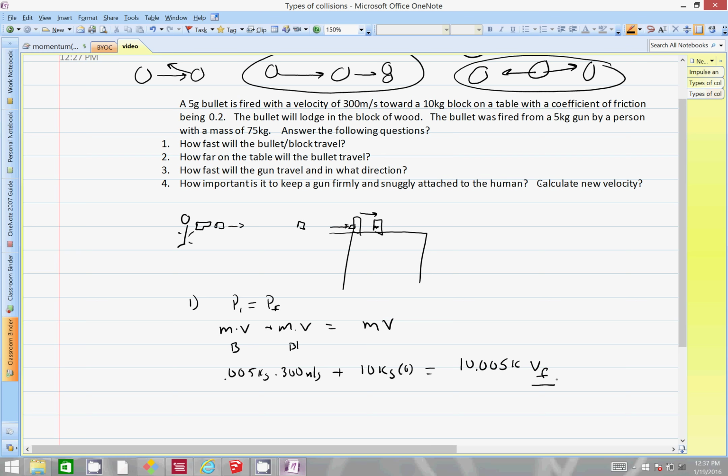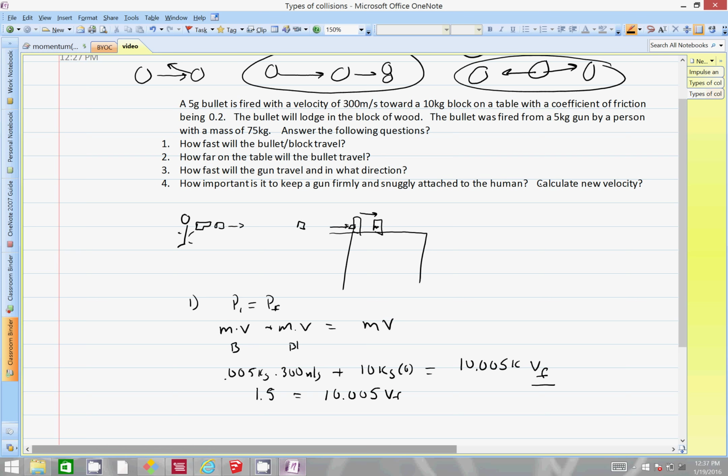So we have this value here, 1.5, which represents the total momentum, equals 10.005 VF.